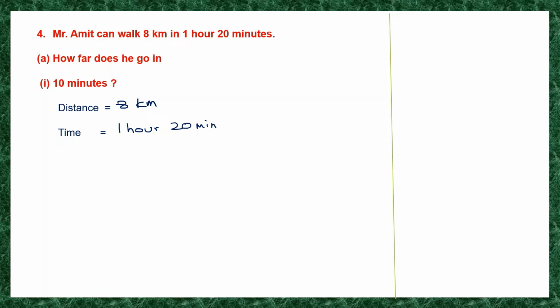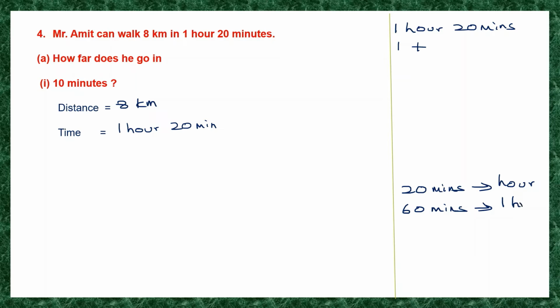So in that case, this 20 minutes also should be converted to hours. So let's do that. 1 hour and 20 minutes. We need to convert the whole thing into hours. So 1 hour is 1 plus. Now how much of an hour is 20 minutes? We know 60 minutes make 1 hour.